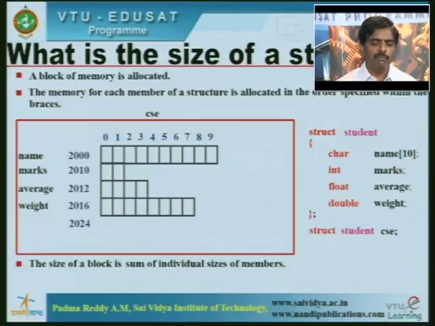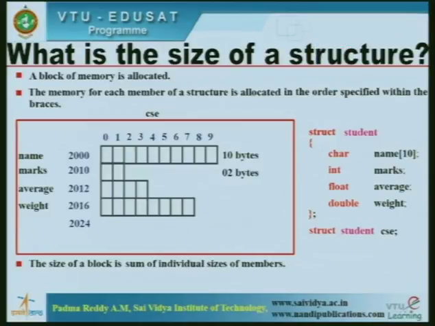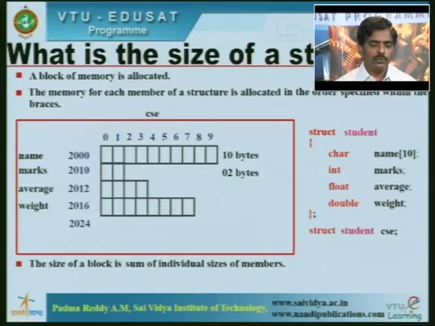Then 2010 and 2011, 2 bytes. Then 2012, 13, 14 and 15, totally 4 bytes. And starting from 2016 till 2023, 8 bytes. Now if you add all these, we have totally 24 bytes.